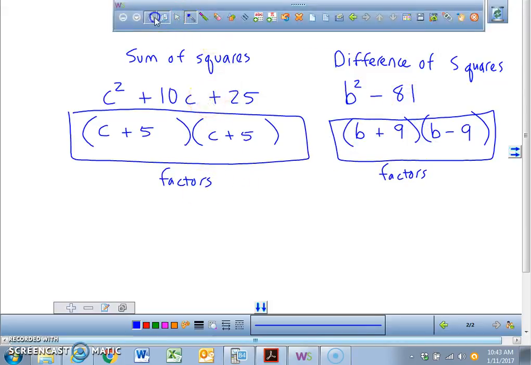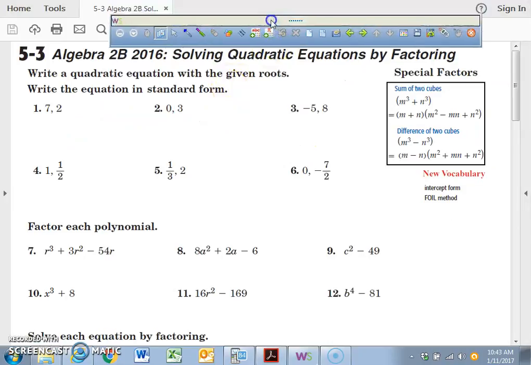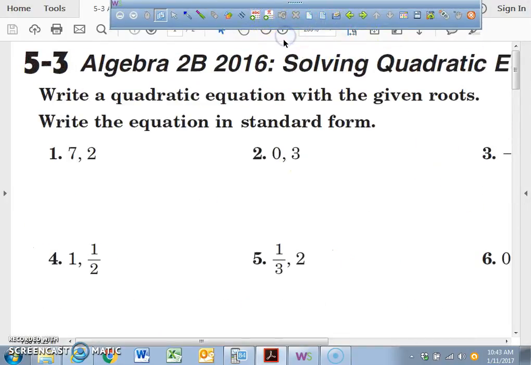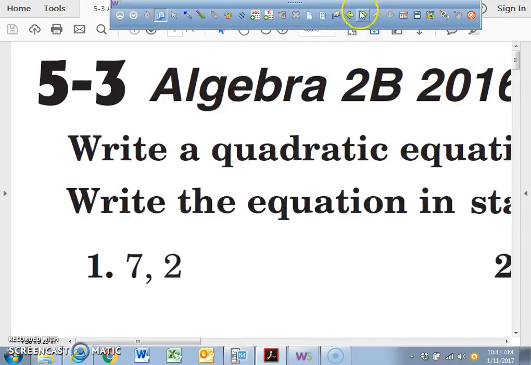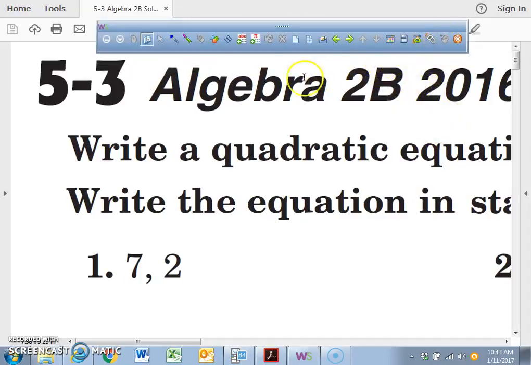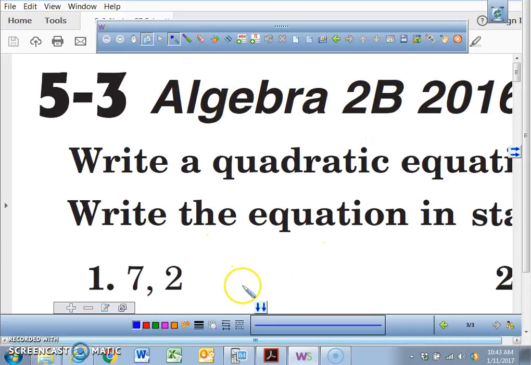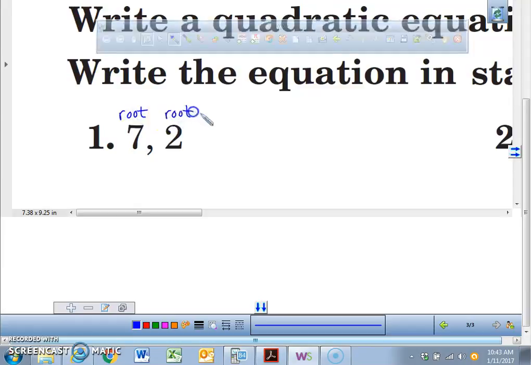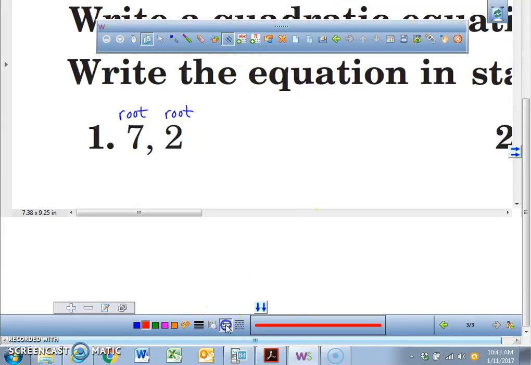Okay? Now we're going to go and start our assignment. We're going to look at problem number 1. What I'd like you to do in problem number 1 is a quick little drawing so you understand what it's asking you to do. We are saying that the number 7 is a root and the number 2 is also a root.